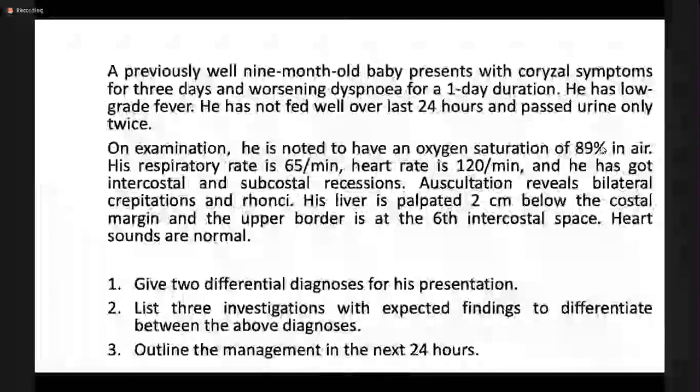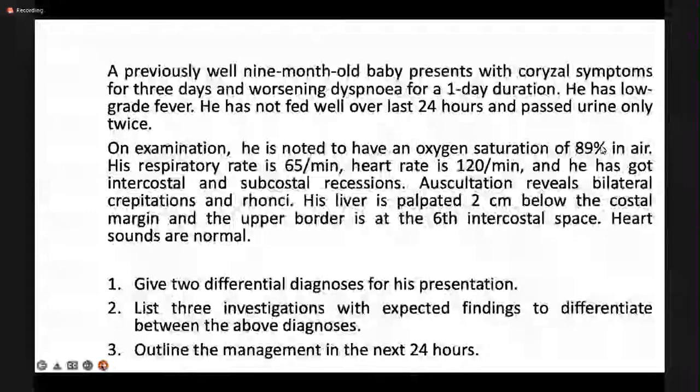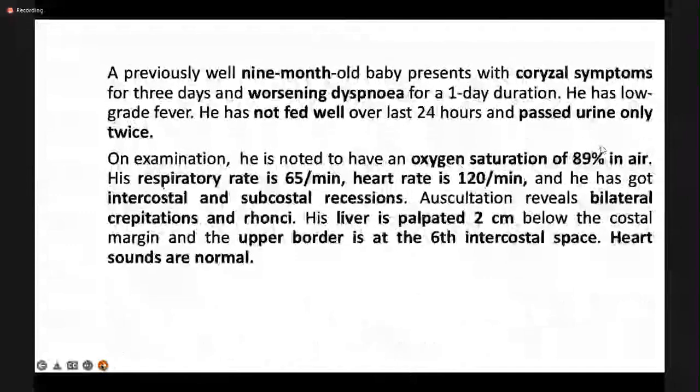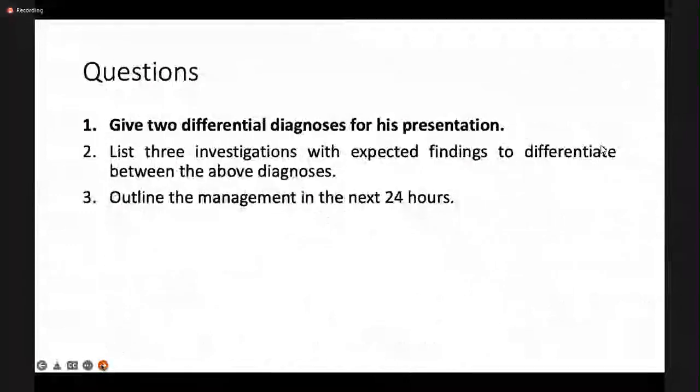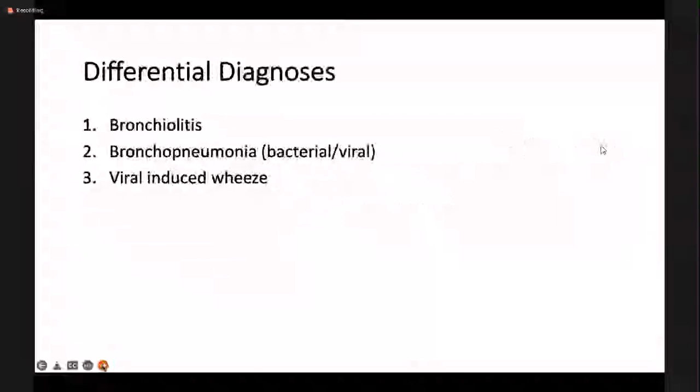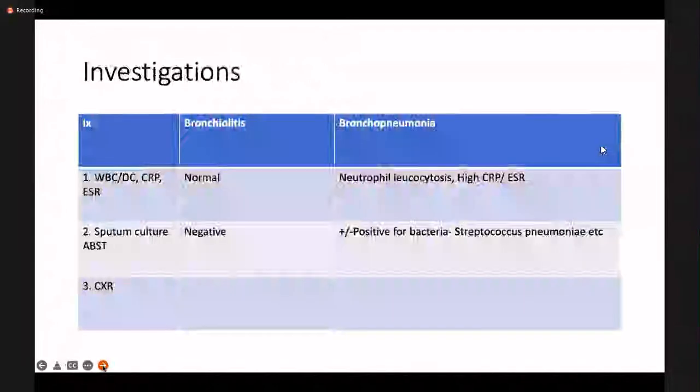The predominant component is the crepitations and rhonchi, and the history is very short lasting, and I have not given you any clue to think of this as viral induced wheeze. But yes, as you said, you can give a trial and see. But if it is pure bronchiolitis, which is a clinical diagnosis, there's no place for nebulization.